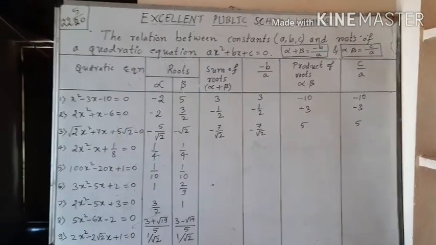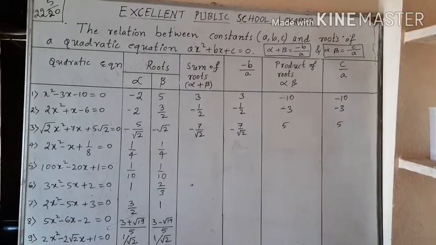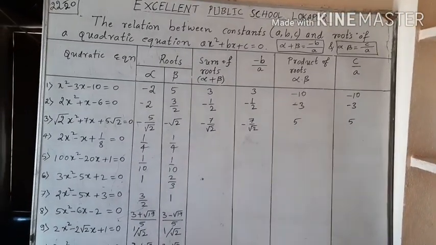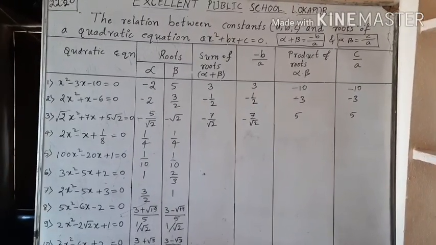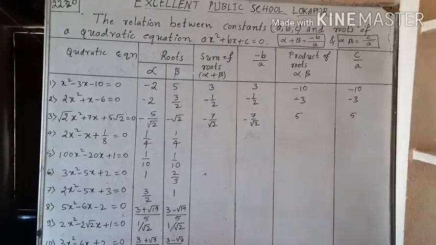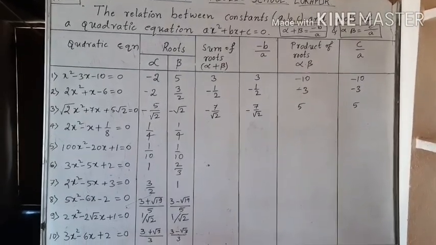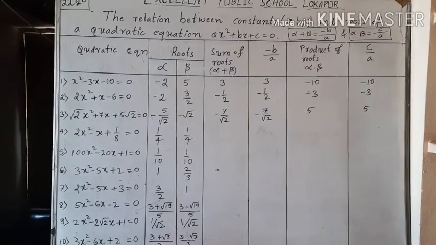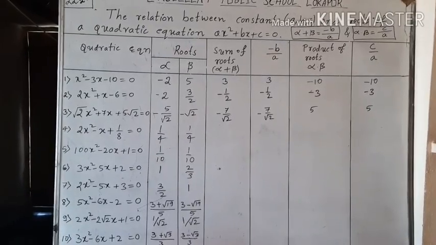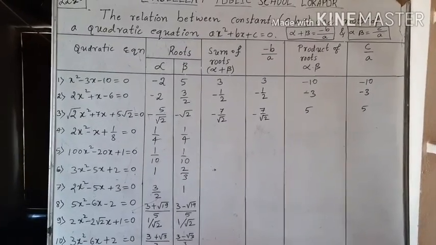Look at the board. The relation between constants a, b, c and roots of a quadratic equation ax square plus bx plus c is equal to 0. See here children, if a quadratic equation is given and if you are asked to find the sum of the roots or products of the roots, usually what we will do is we find the roots of the quadratic equation first, then we add them and find the sum of the roots, and then we multiply them and find the product of the roots.